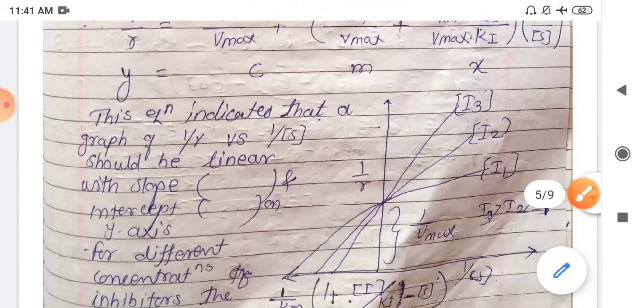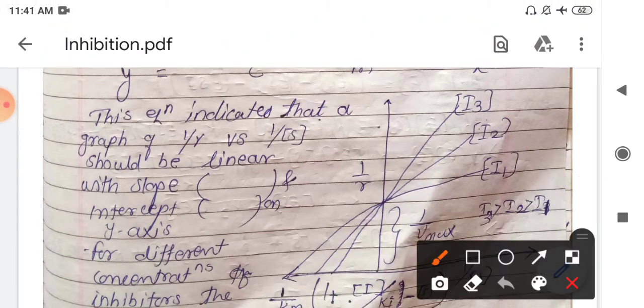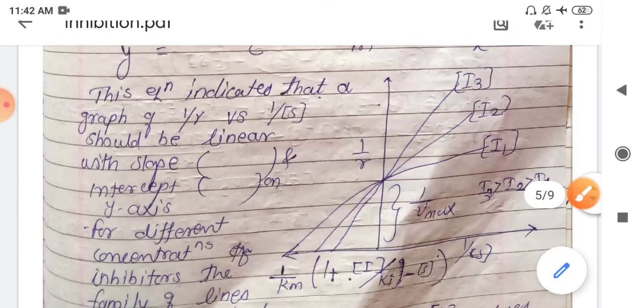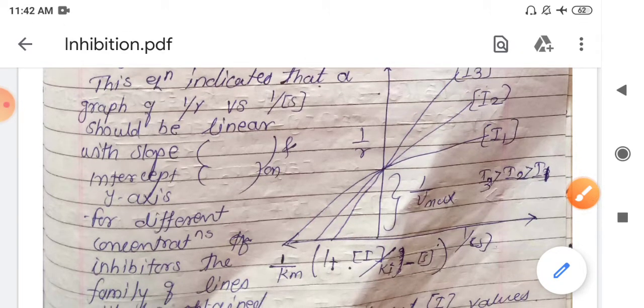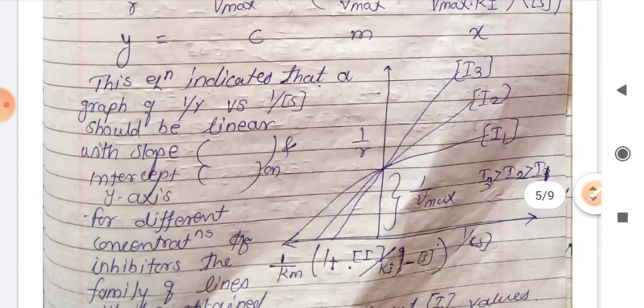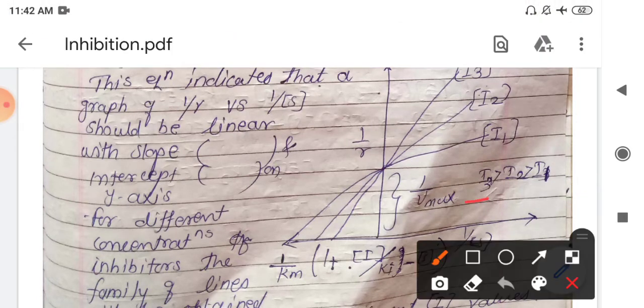We expect that the y-intercept, that is 1 upon Vmax, will be the same as that of enzyme catalysis, but due to competitive inhibition there is a change in slope. We are considering three different cases in which the concentration of inhibitor I3 is greater than I2, which is greater than I1.